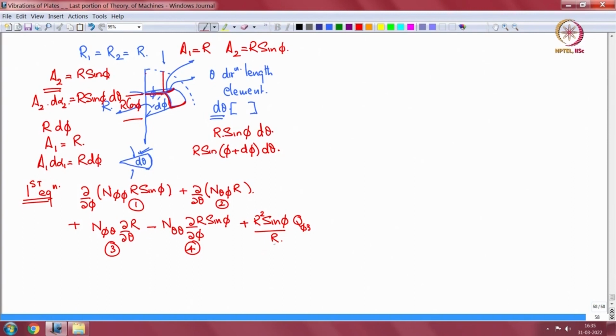So this is a plus, that will be equal to r square sin phi rho h u phi double dot. For the moment we kept the force out of the picture. So what we now have is 5 terms, and we'll look at these 5 terms.